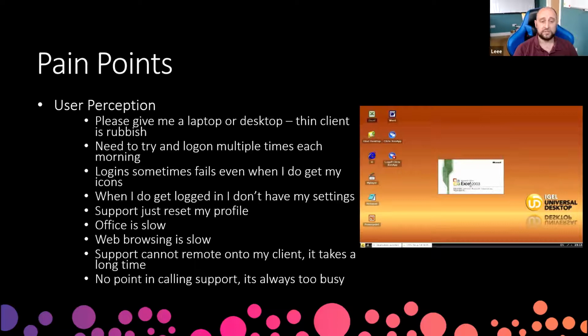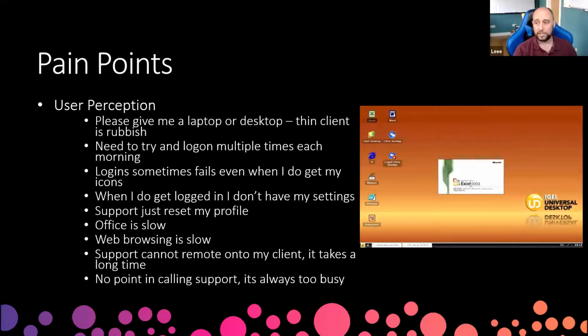Logins sometimes fail and they didn't see their icons. Sometimes their settings are missing, and they were referring more to sort of office applications or Internet Explorer favorites and stuff like that. Office is slow to launch and sometimes crashes. Support take an age to remotely access user devices to troubleshoot issues. And there is no point in calling support, it's just too busy.